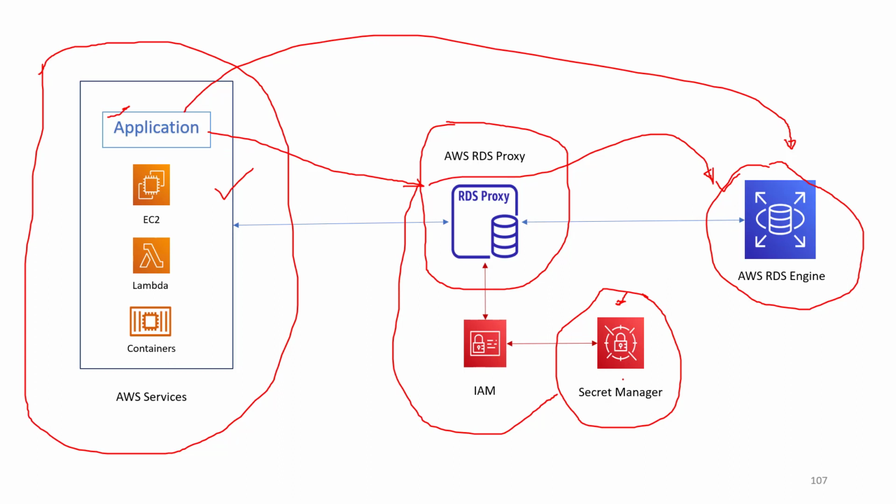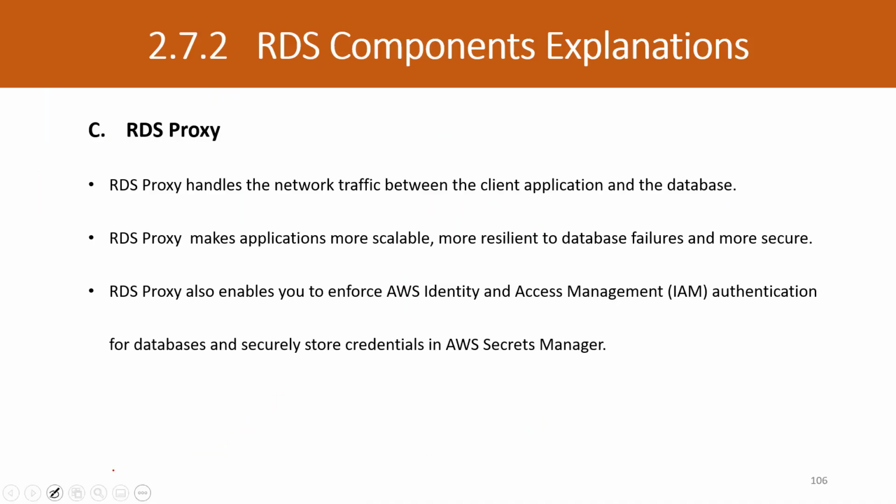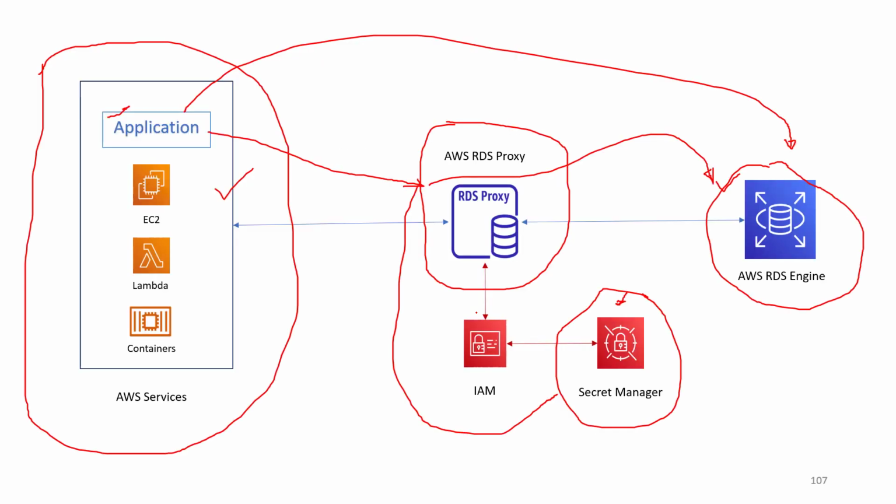You can store the credential in Secrets Manager and the proxy will automatically fetch it, because there will be a role assigned to it. Second, if you want to access without credentials, or using Identity and Access Management, or IAM authentication, how does it work?